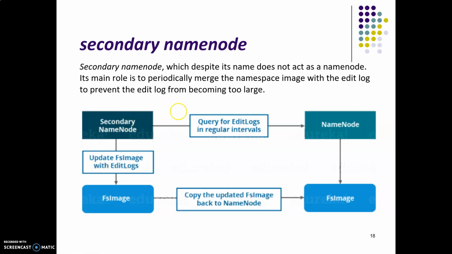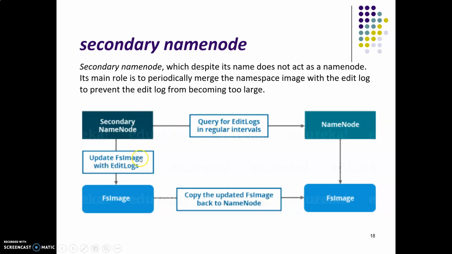Something like this. When a client makes a request, first he makes the request to the name node. Then he enters into the secondary name node and makes a query for the editing or whatever he needs to do.